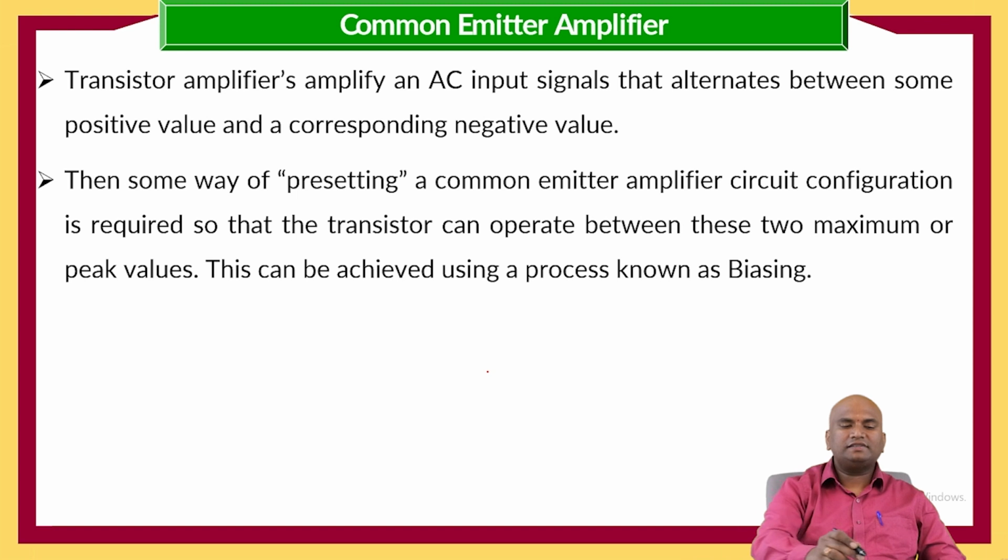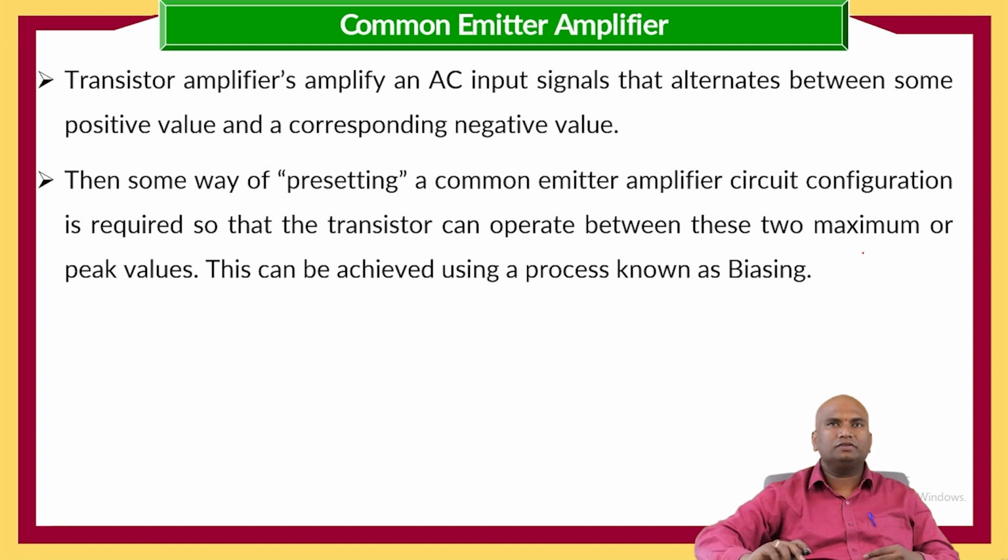And here the transistor amplifier is going to amplify the AC input signal that alternates between some positive value and corresponding negative values. Then some way of presetting a common emitter amplifier circuit configuration is required so that the transistor can operate between these two maximum or peak values.